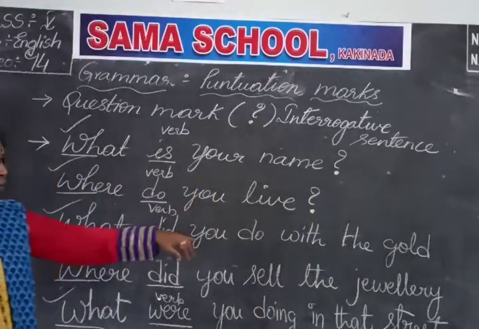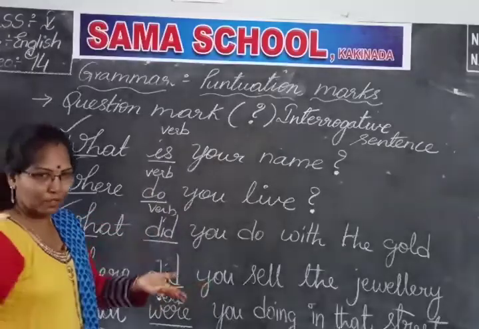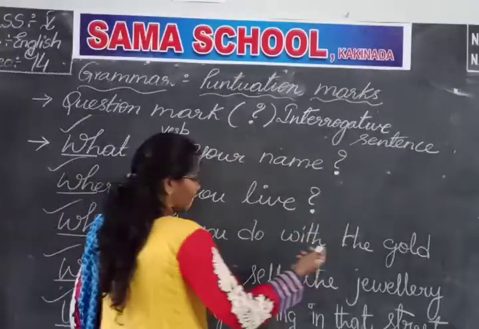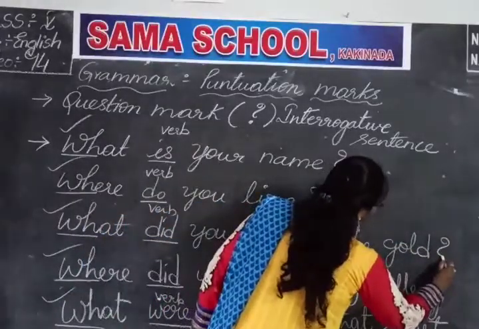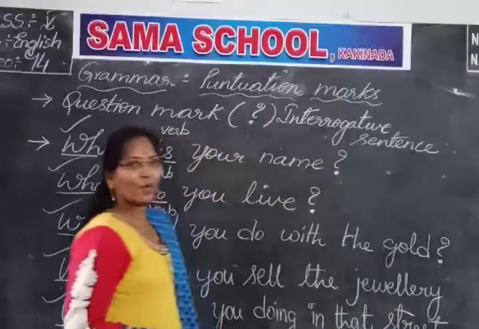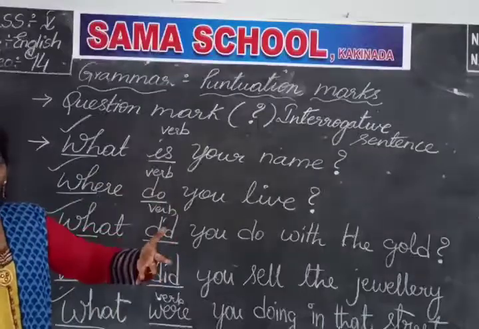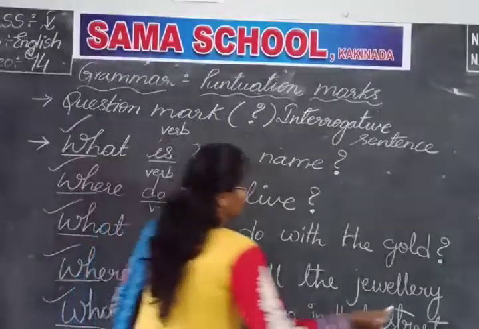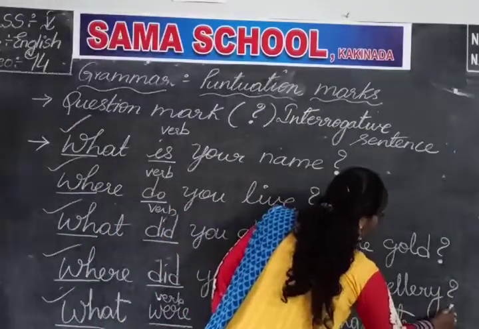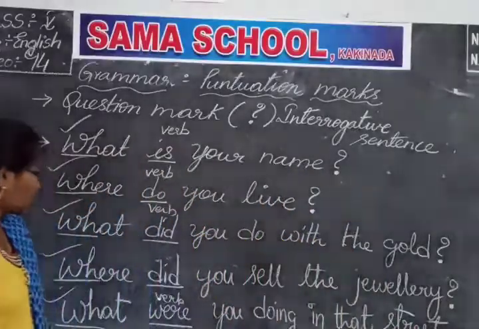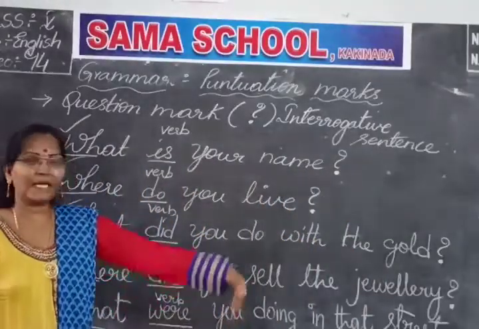What did you do with the gold? So whatever gold you have brought, what did you do with that? Here also it's a question, so I placed a question mark. Where did you sell the jewelry? Here also it's a question, so I placed a question mark. Next, what were you doing in that street?